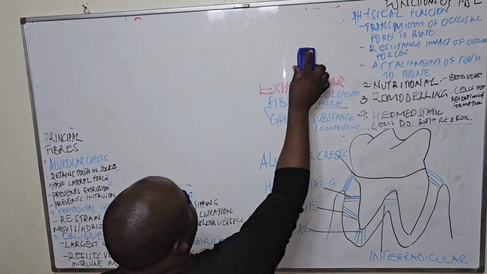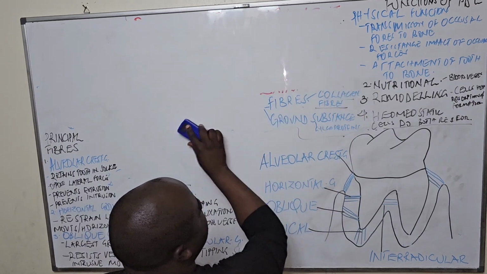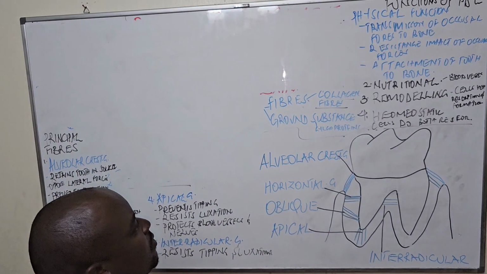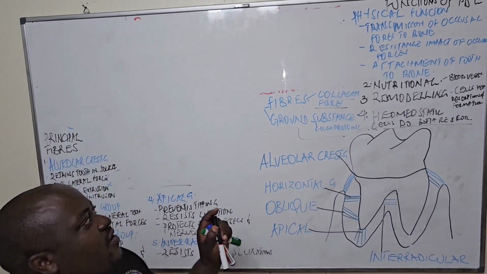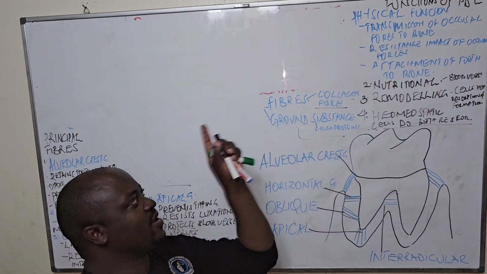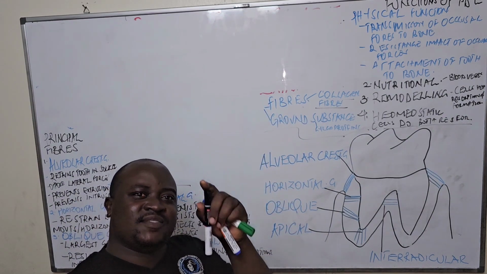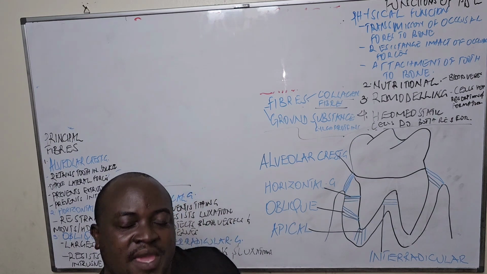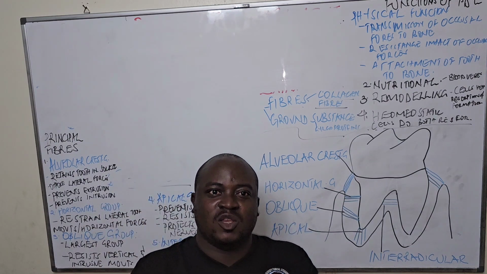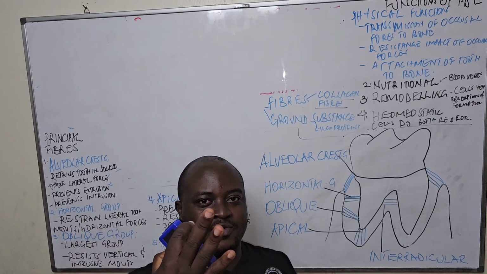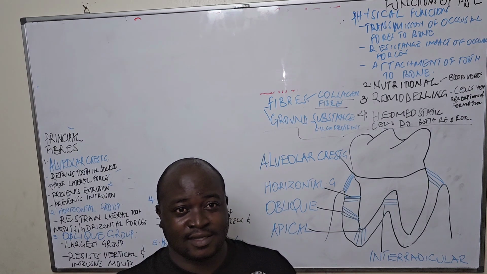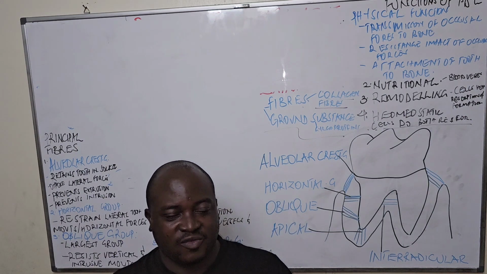After talking about these, we now need to talk about the fibers. We majorly have ground substance and fibers in the extracellular substance. But these fibers, there are many, but we group them into 5 major principal fibers.